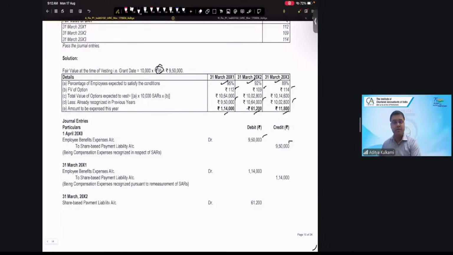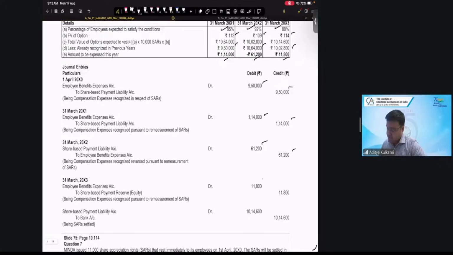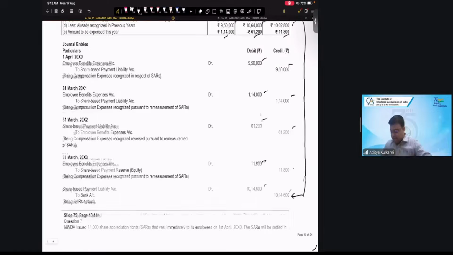First, when you introduce the SARs, then fair value movement 1 lakh 14,000, then 61,200, then employee share-based expenses account debit to SBP liability, compensation expense recognized 11,800, and then SBP liability account debit to bank account 10 lakh 14,600. This figure. Okay. So that is done.